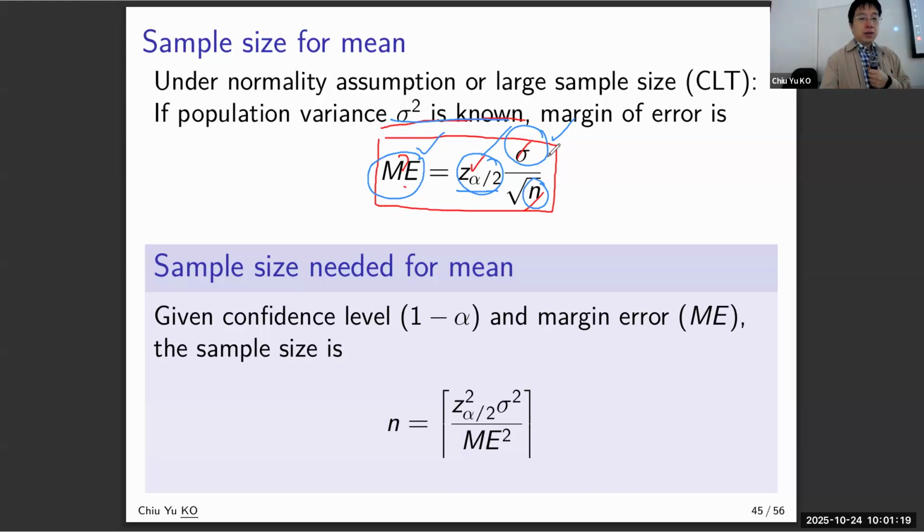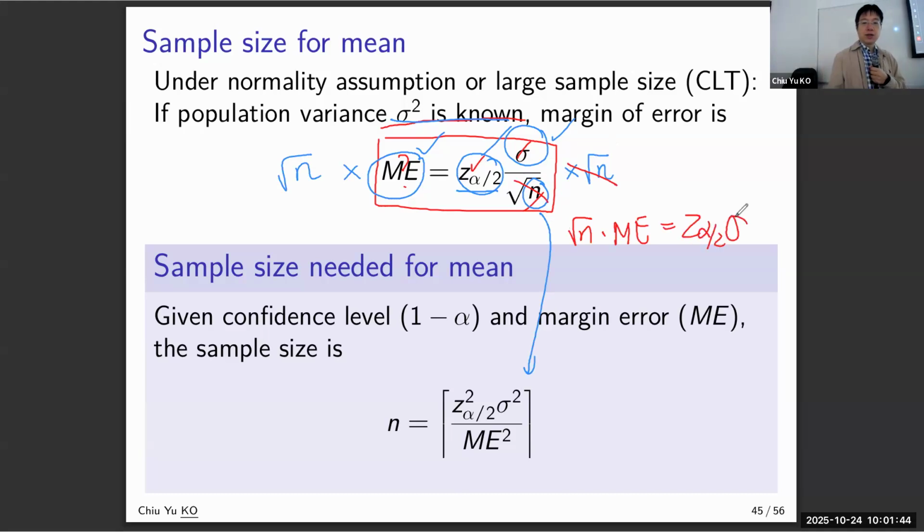So now what we need to do is to change the subject, right? How to do this math here? You multiply both sides by root n. So sorry for the high school math. So root n is gone, right? So what we have is root n ME equal to Z alpha over 2 sigma, right? So we left this formula.